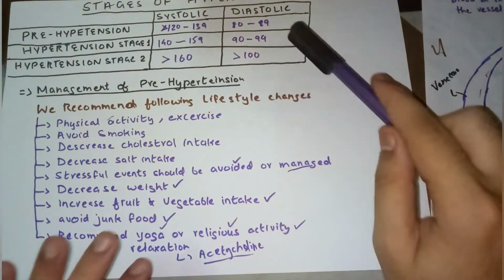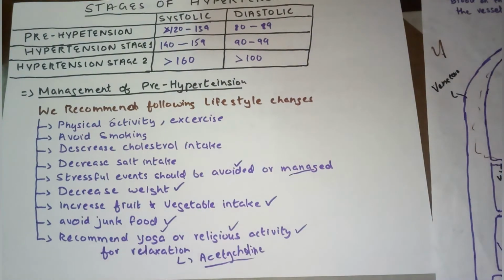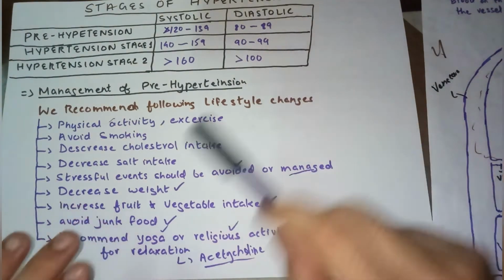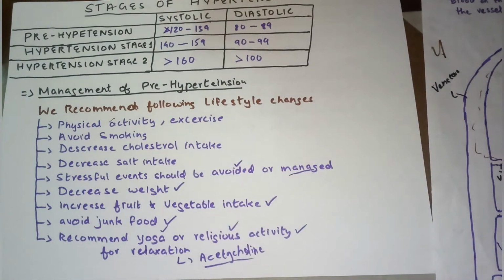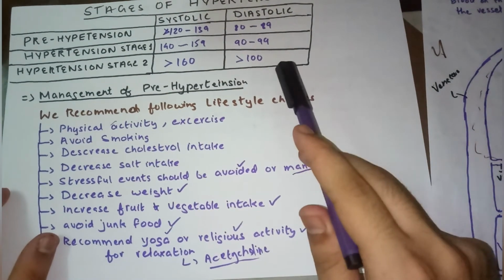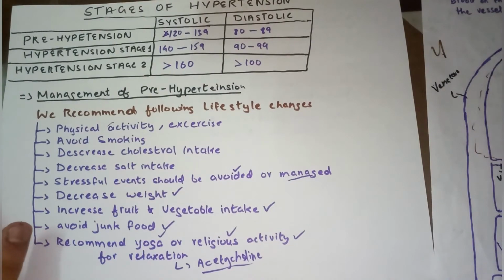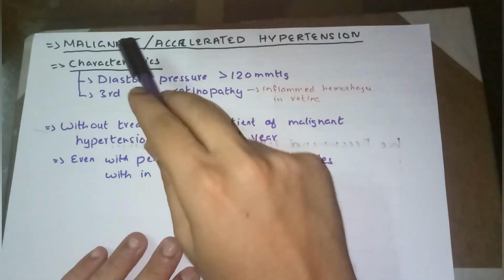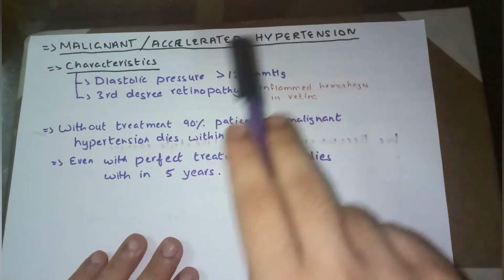For stage 1 and stage 2 we have to do the drug treatment, so I will discuss those drugs in the next lecture. And before that we will talk about the final stage of hypertension. The final stage is malignant or accelerated hypertension.